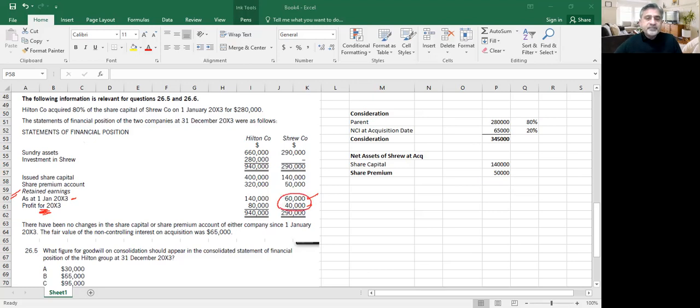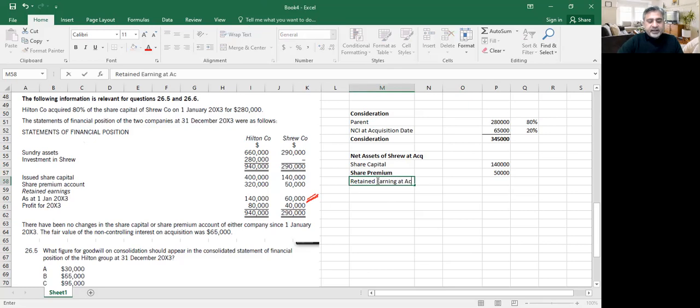But we are interested only in the 60,000, because we are talking about acquisition. You will have your retained earnings in net assets, but retained earnings at acquisition, which was only 60,000. It means that the net assets at acquisition were 250,000.